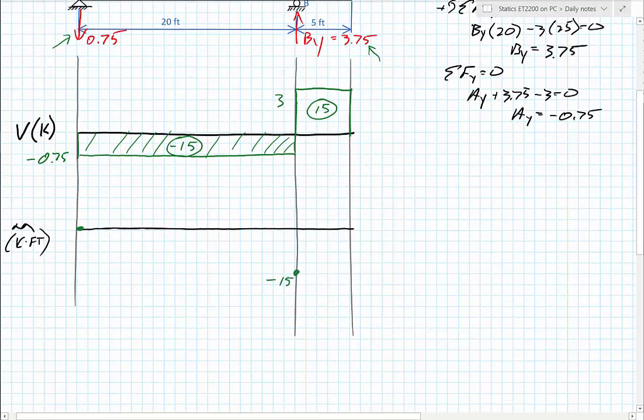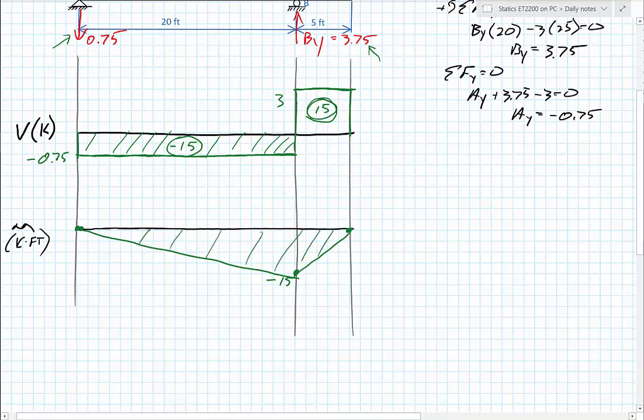And then I say, well, how do I get from this point 0 down to negative 15? If this is a flat line, then I have a line with a constant slope. And same idea up here. I have a flat line. I have to increase by a positive 15, bringing me to 0. So I get something that looks like that.